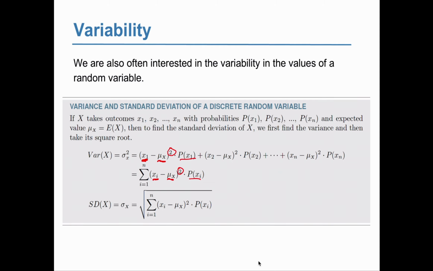And then to find the standard deviation, we take the square root of that. The standard deviation is the square root of the variance. The standard deviation is more useful for interpreting, but the variance is often easier to calculate. So a lot of times we'll be using the variance and then taking the square root at the end.